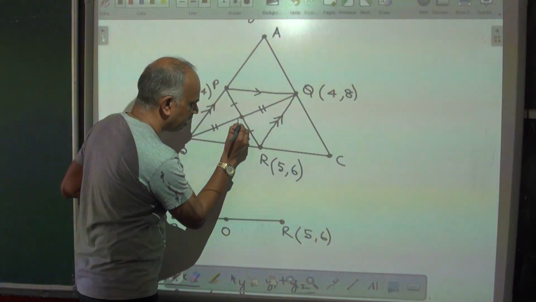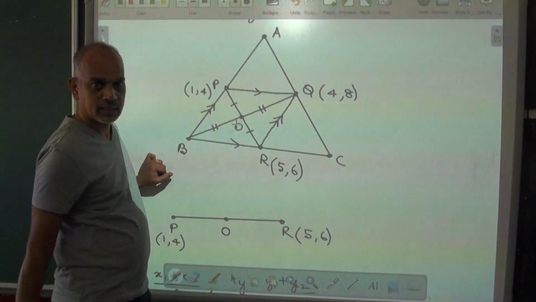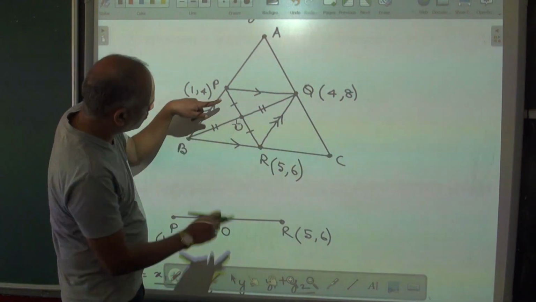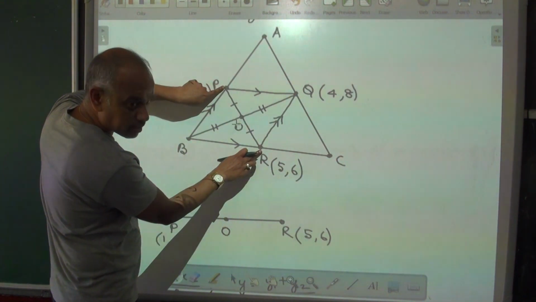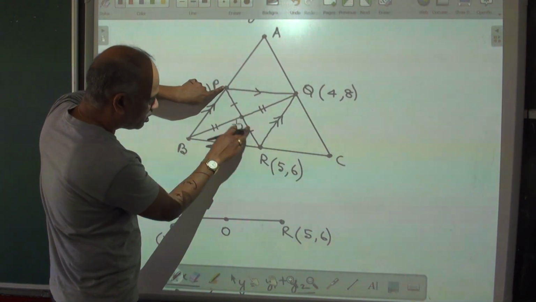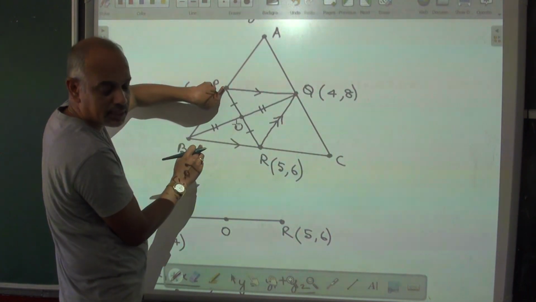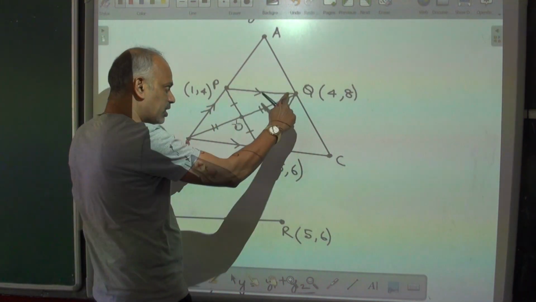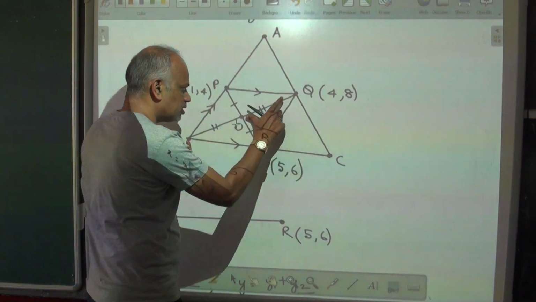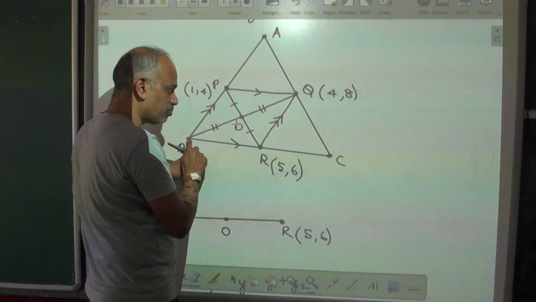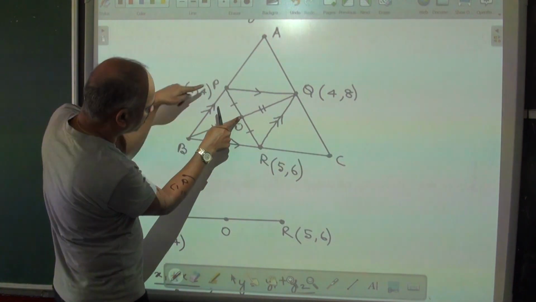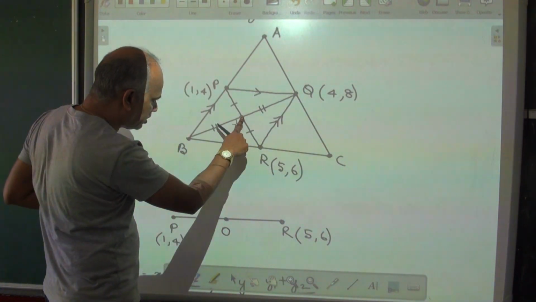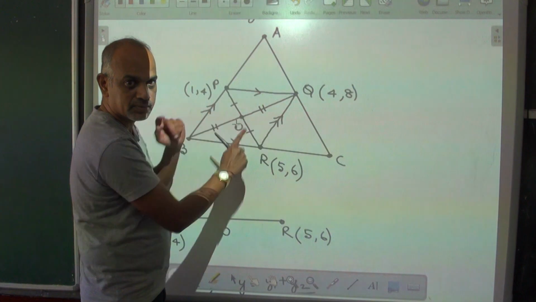Let's name this point O. So for line segment PR, O becomes the midpoint. Similarly, for line segment BQ, this portion and this portion are equal, which means O is the midpoint of BQ too. O is the midpoint of PR, and O is also the midpoint of BQ.